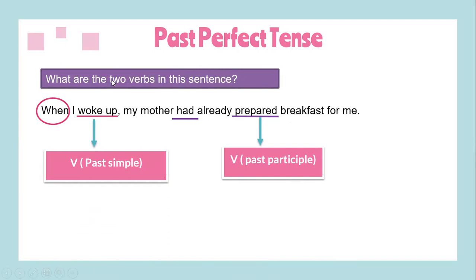This action happened first, so the tense is past perfect, had plus verb 3. Past participle means verb 3. And action B, or the second action, is past simple, verb 2. So had plus verb 3, the second verb is verb 2.